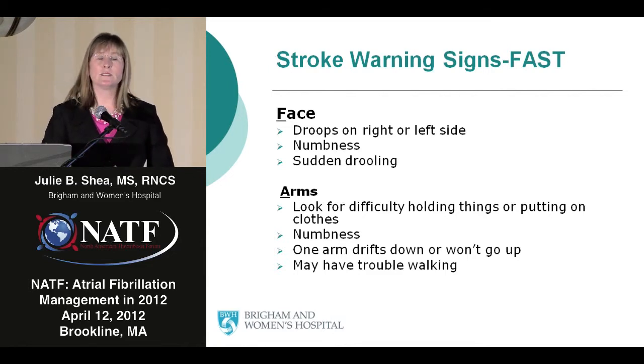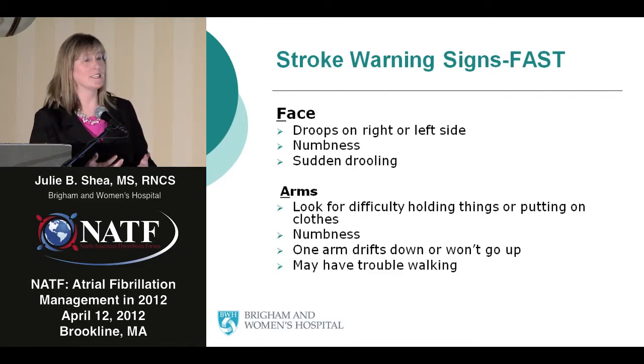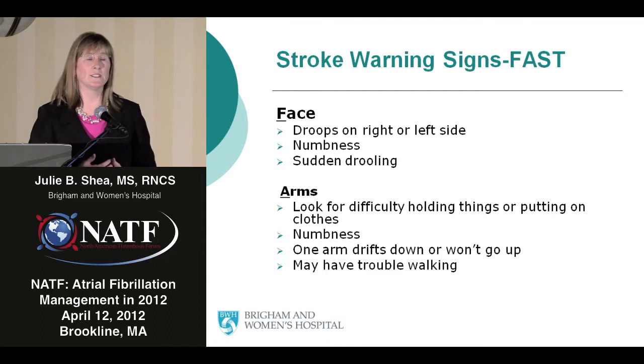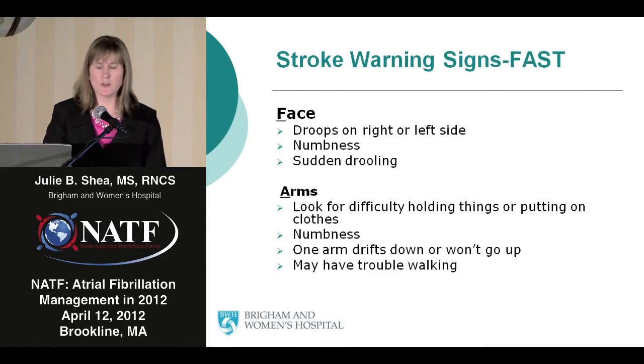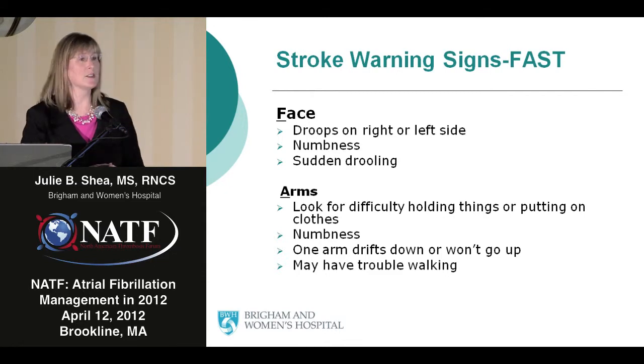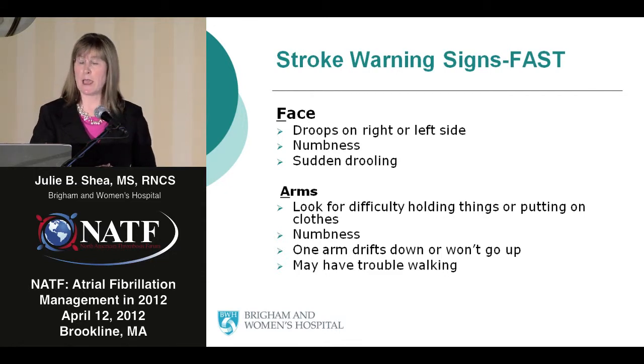So it's important for patients and the public in general to have an understanding of what the warning signs are, because they can be subtle, okay? Not being able to pick up your fork to eat, just something as simple as that. Changes in neurological function that can be very subtle, but may be indicative of something happening.